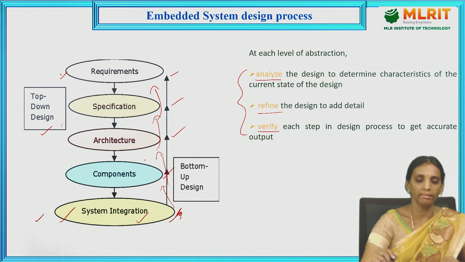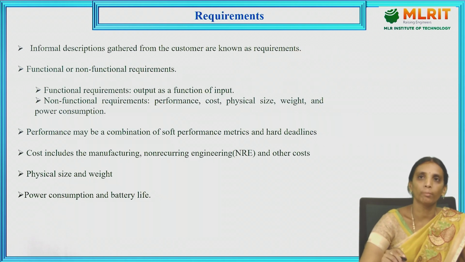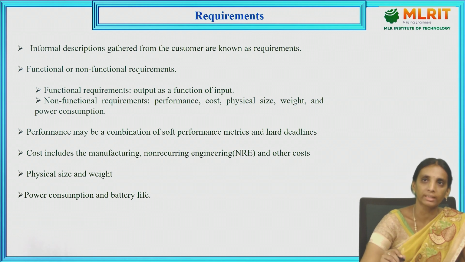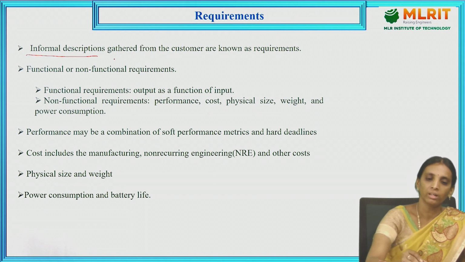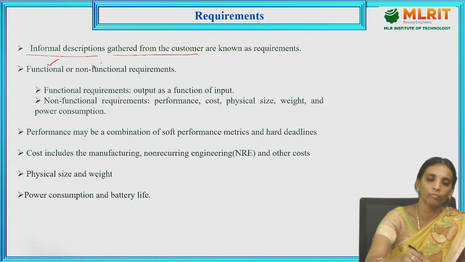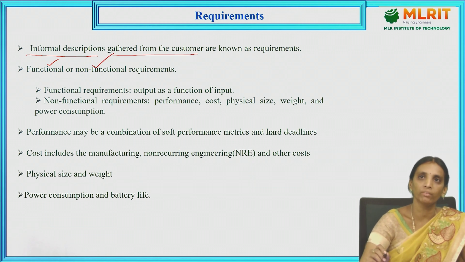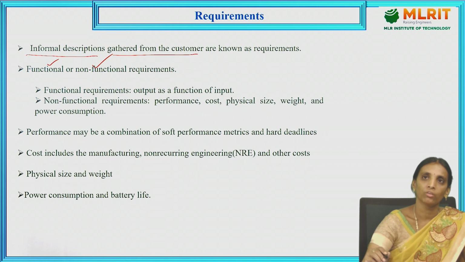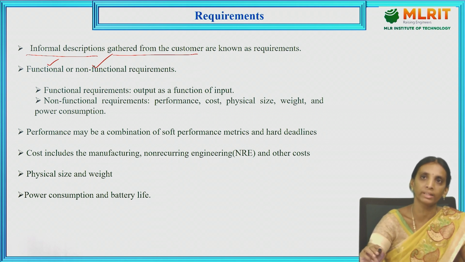The first one is the requirement stage. Requirements are the informal descriptions gathered from the customer. Whatever descriptions are gathered from the customer are known as requirements. These requirements may be either functional or non-functional. Functional requirements are whatever output the customer expects, that is, whatever input he wants to give and whatever output he expects.